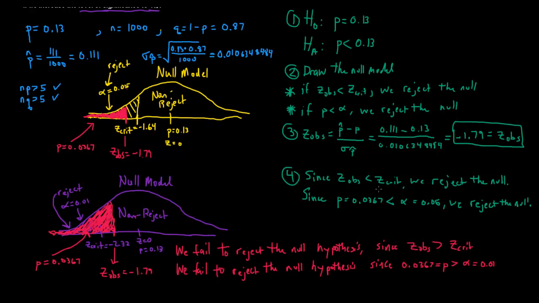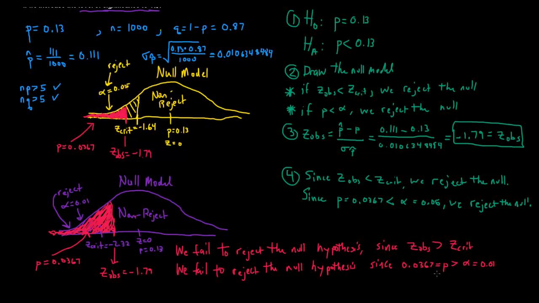That statement right there is dependent on whether or not it's a left tail test or a right tail test, or perhaps if it's a two-tail, you have to do interpretation here. But in all cases, if P is greater than alpha, we fail to reject. And if P is less than alpha, we reject the null.